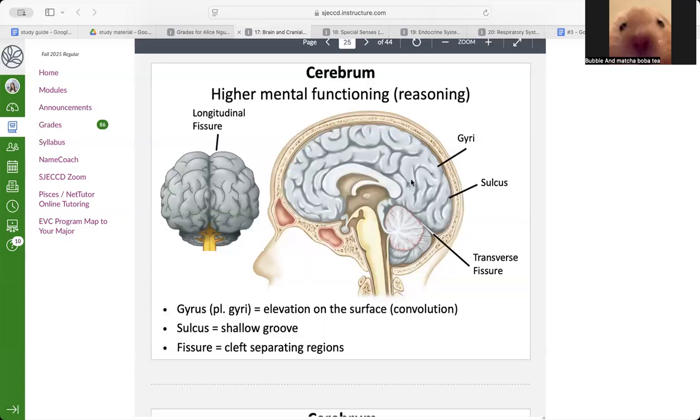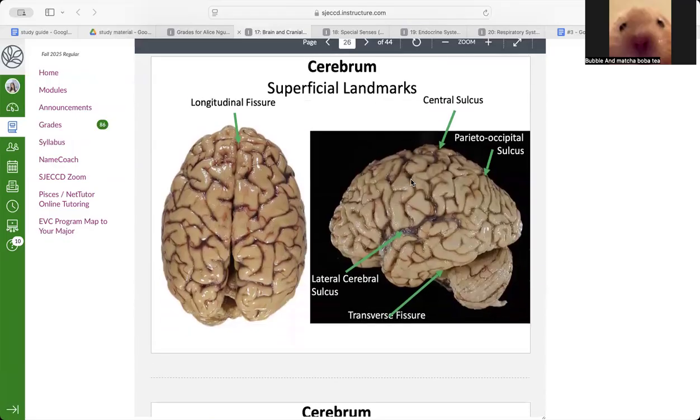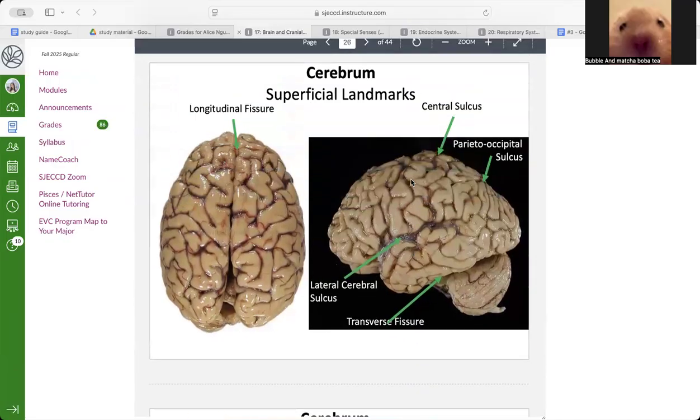Okay, so next we have superficial landmarks. They say the reason we have gyri and sulci is because they give more surface area, which means more processing power, and that means you can handle more information.